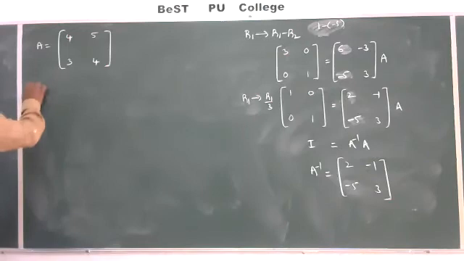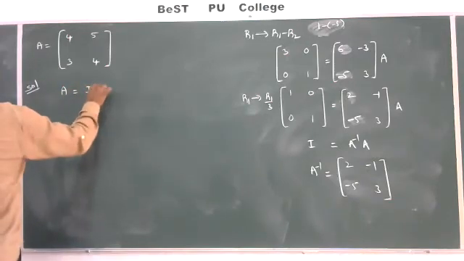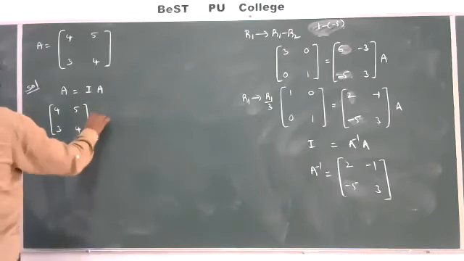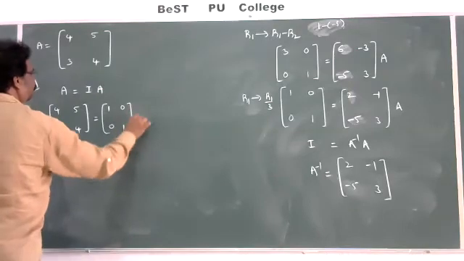Solution. A is equal to IA. That is matrix 4 5 3 4 is equal to 1 0 0 1 into A.